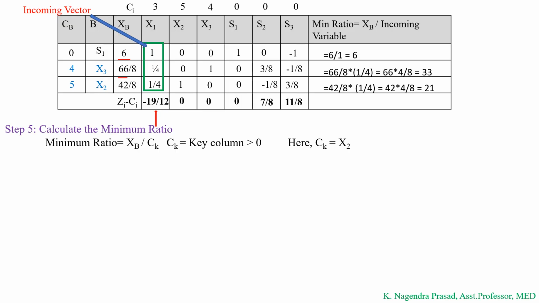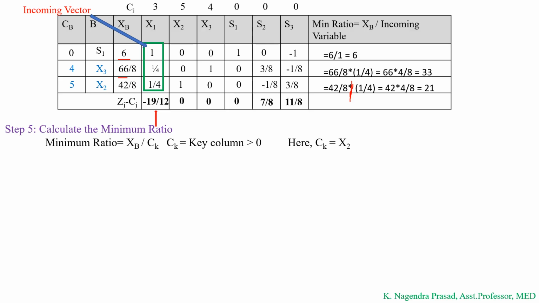So next for the third row, XB by CK value is 42 by 8 divided by 1 by 4, which is equal to 42 into 4 by 8, which is equal to 21.